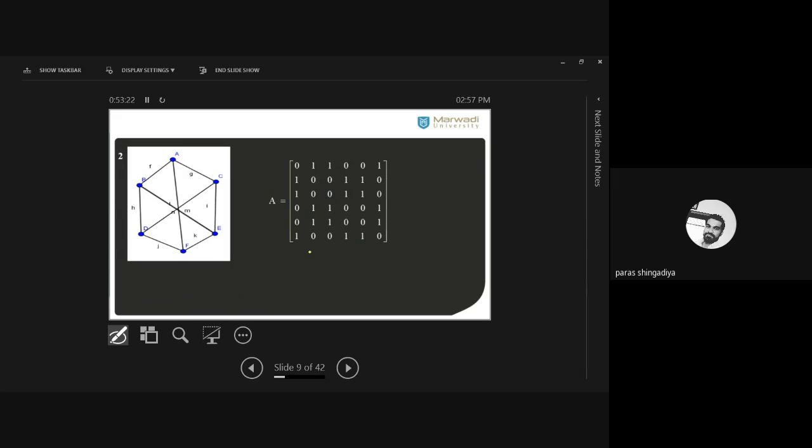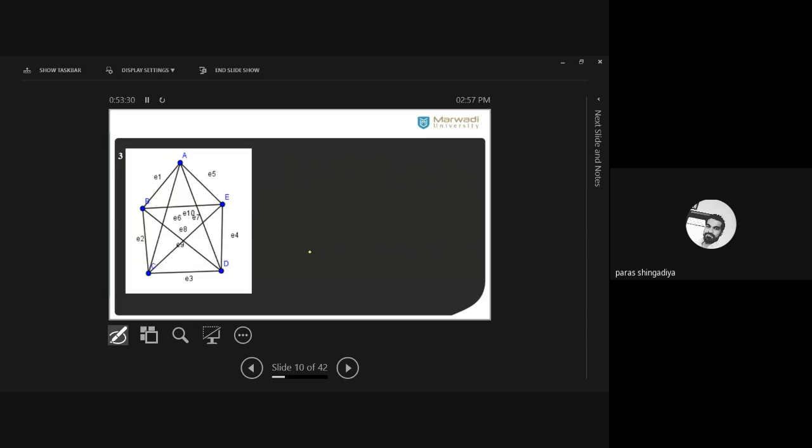Okay. Good. Now try it for the third one. The shape of this one. What is this graph? Complete graph with 5 vertices. Okay. That is the shape of K5.